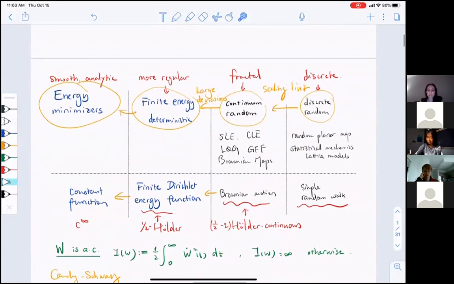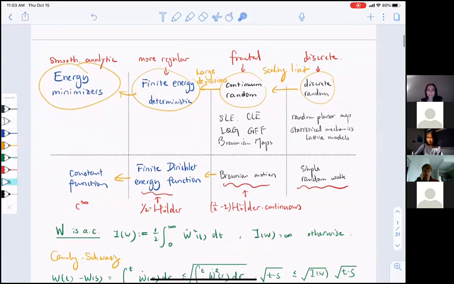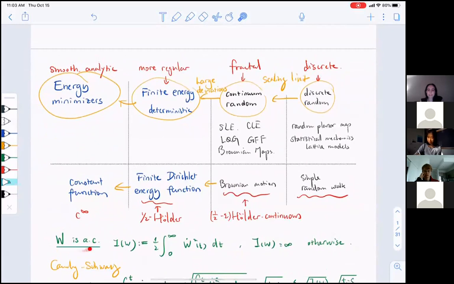If you just recall what Dirichlet energy means: if you have a function which is absolutely continuous, you can look at its derivative, which is defined almost everywhere. The Dirichlet energy is just the L2 norm of its derivative. And we also set the Dirichlet energy to be infinite if it's not absolutely continuous. Or in other words, this function is in W^{1,2}.